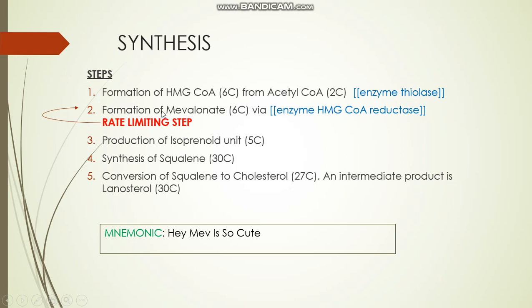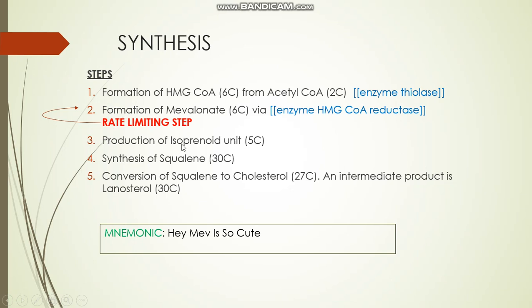The second step is the formation of mevalonate 6 carbon from HMG-CoA by the enzyme HMG-CoA reductase. This is a very important enzyme, and this is a very important step. That's why this is known as the rate limiting step, because it controls the rate of synthesis of cholesterol.